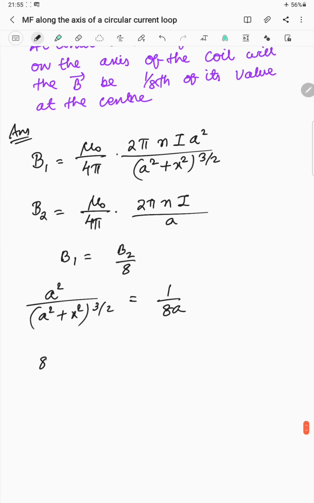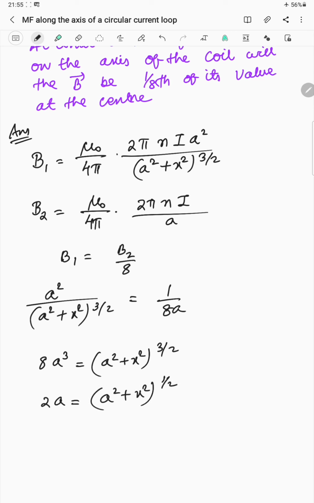This gives 8a cube equals (a square plus x square) to the power 3 by 2. This will give 2a equals (a square plus x square) to the power 1 by 2, as the powers get cancelled. So this will give 4a square equals a square plus x square. This gives x equals root 3 a.